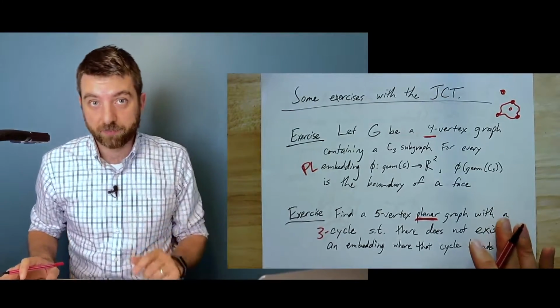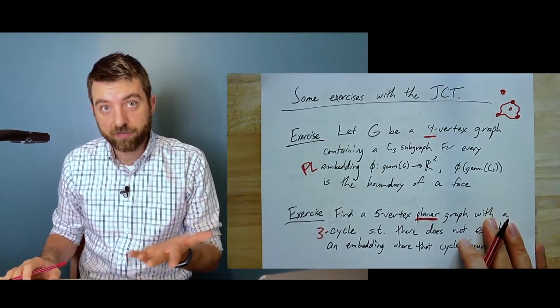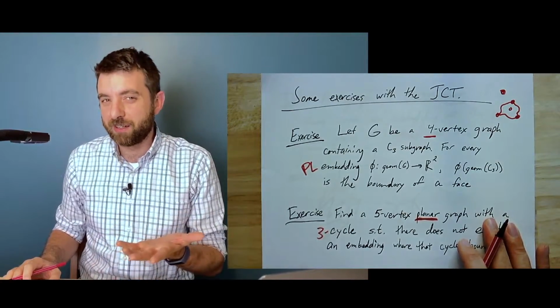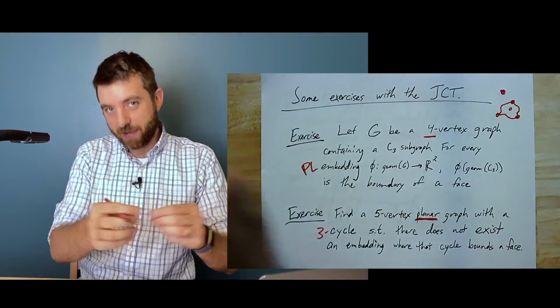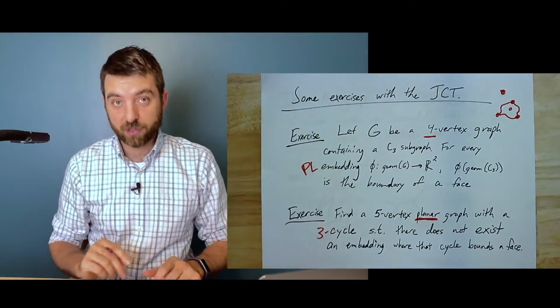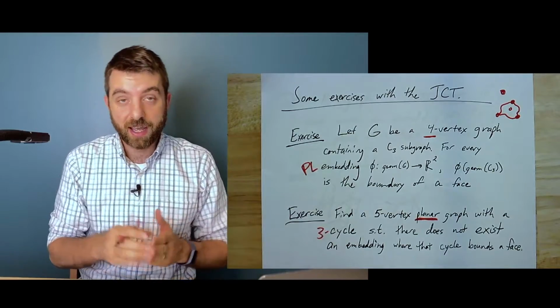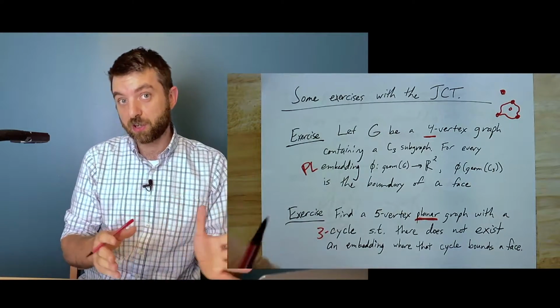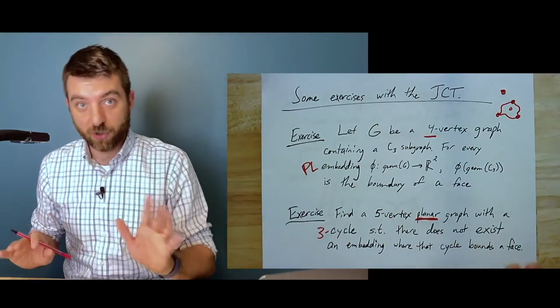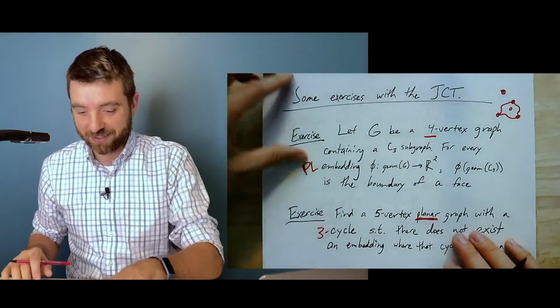So here's what I mean. If we have an embedding of a graph and I talk about the edge in the plane, you should know that I mean where that edge got embedded as a curve in the plane. Sometimes I may talk about the vertices as if they're points in the plane, and the edges as if they're just curves in the plane. And I hope that in the context of what I'm saying, it should always be clear. You'll let me know if it gets confusing.